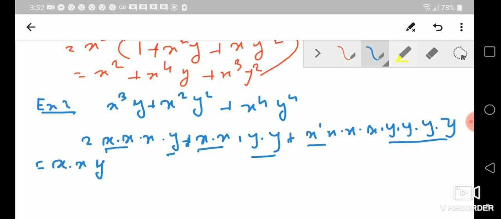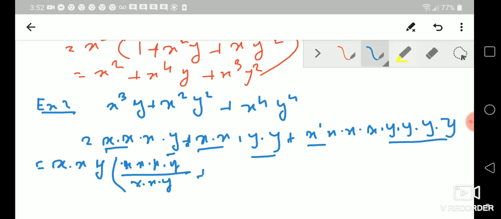Now, like previously, we'll just divide it. So x dot x dot x dot y, and we divide by x dot x dot y.